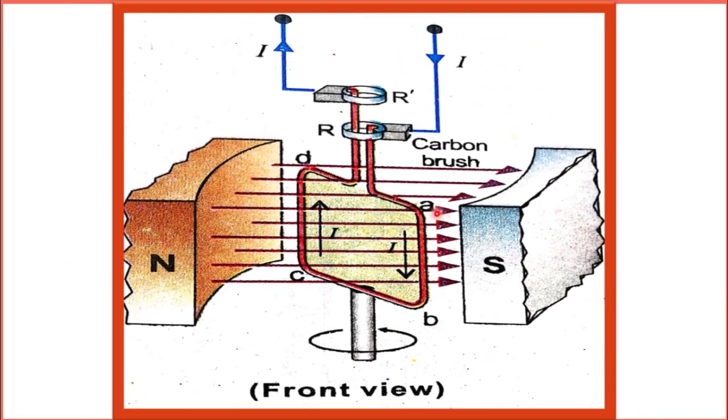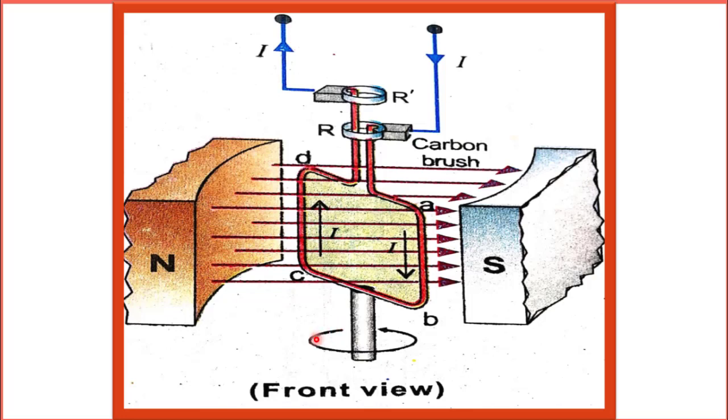Suppose the loop of coil which we are considering is named A, B, C, D, A. It has four sides: side AB, BC, CD, and DA. AB and CD are indicating the length of the rectangular loop, while BC and AD show the width.